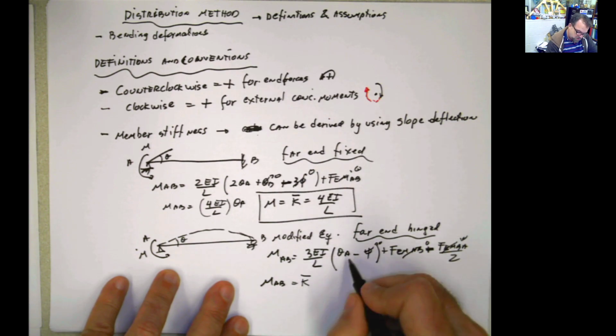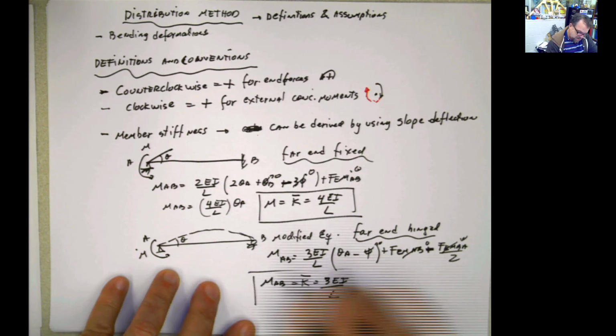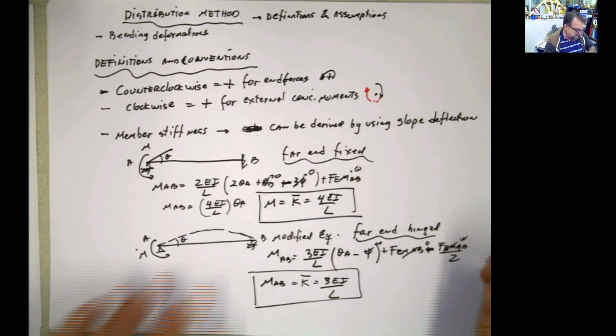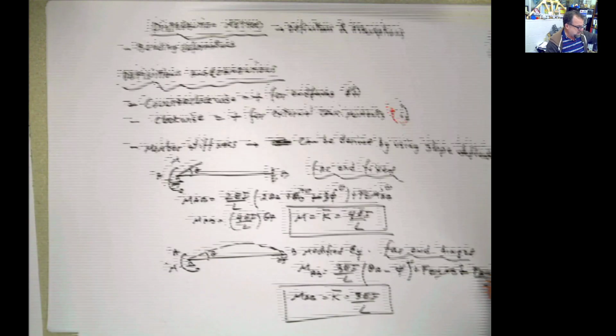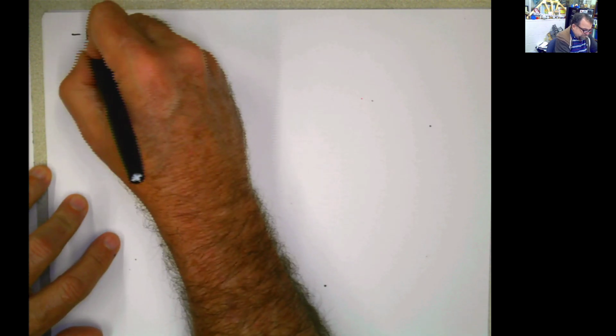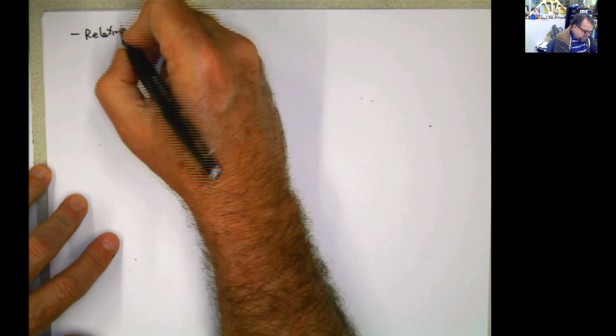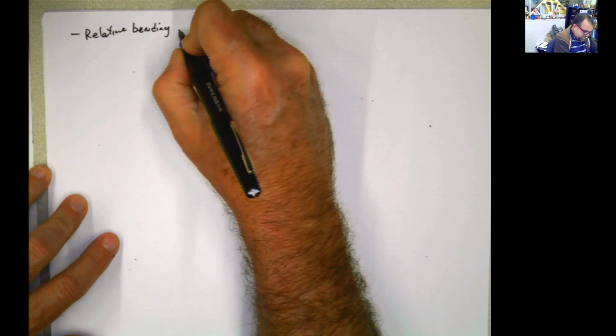If you make the rotation 1, the K is going to give you 3EI over L. That's the value for K when the far end is a hinge. Now, relative bending stiffness, that's another concept.